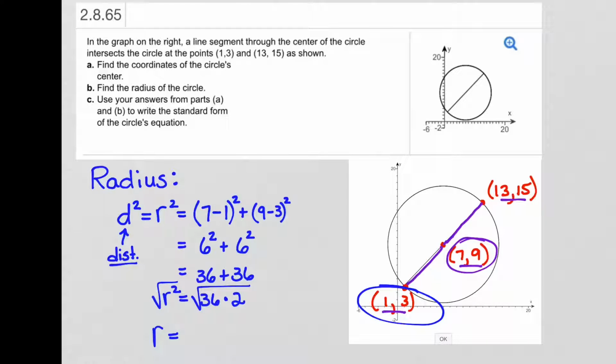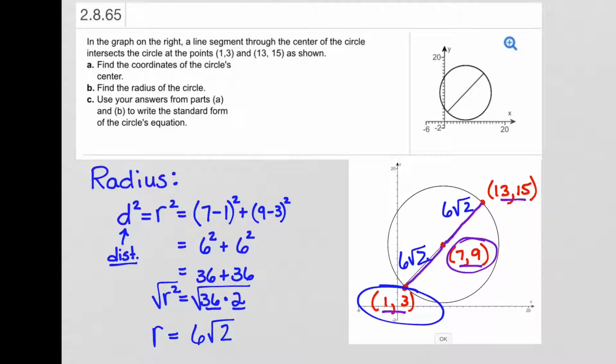So square root of r squared is just r. Square root of 36 is 6. And the 2 stays in because it's not a perfect square, is why. So our radius is 6 times the square root of 2. If we wanted the diameter, it would be 12 square roots of 2.